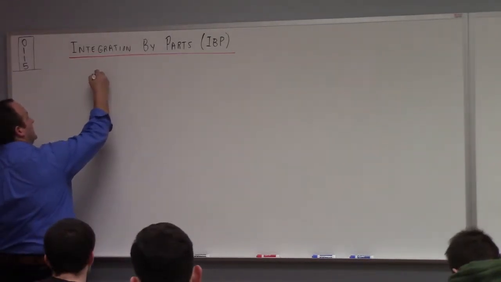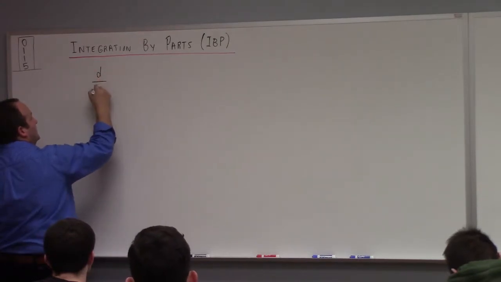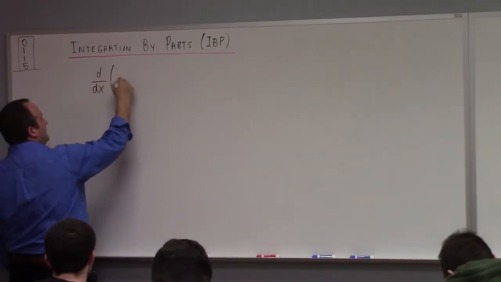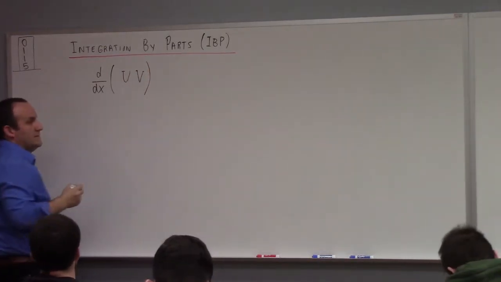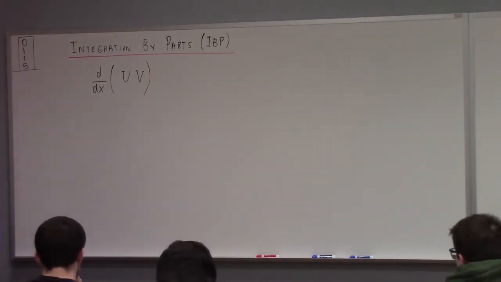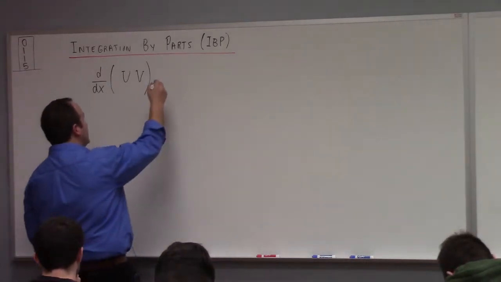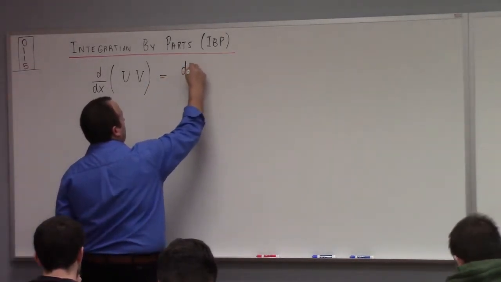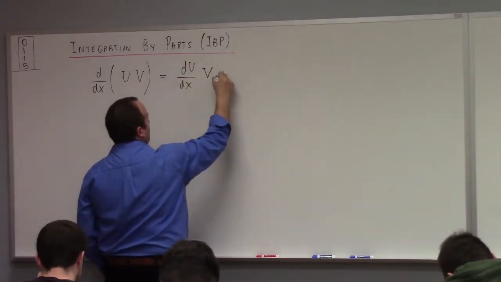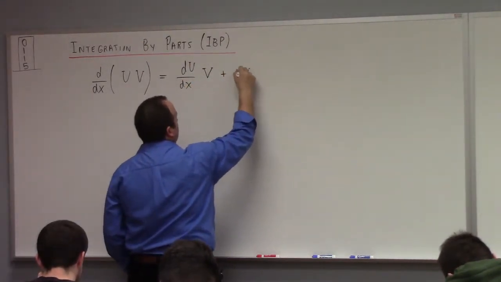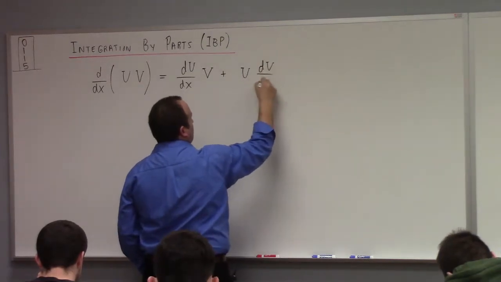The basic thing is that we can study the derivative with respect to x of a product of functions, let's say u and v, right? And so what's the product rule say? It says that the derivative of a product is du dx times v plus u times dv dx, right?